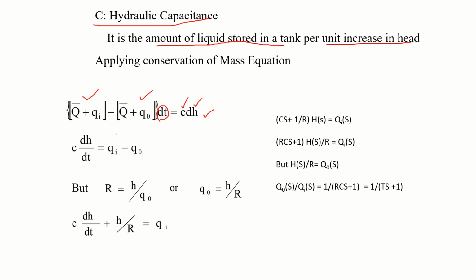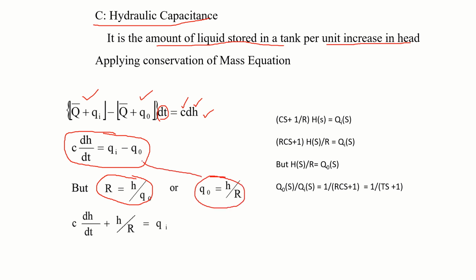So now if I reorganize, I'll get C dH by dt equals Qi minus Q naught as the equation. I have defined R as H by Q naught. So Q naught can be written as H by R. And I will substitute into this equation. Then I will get C dH by dt plus H by R is equal to Qi.